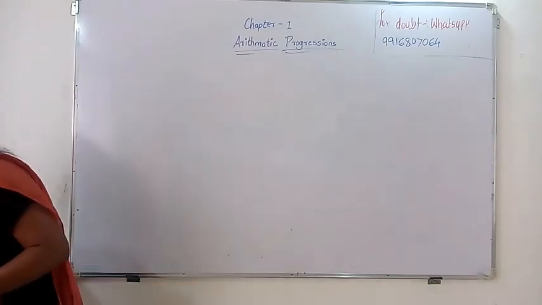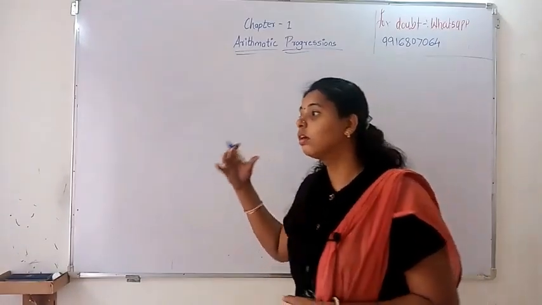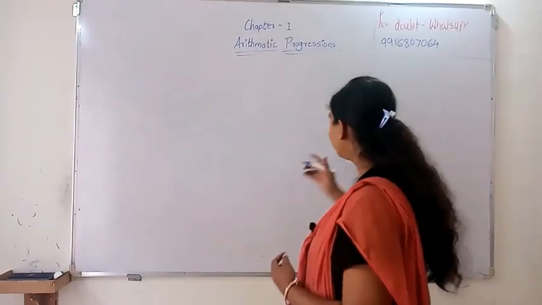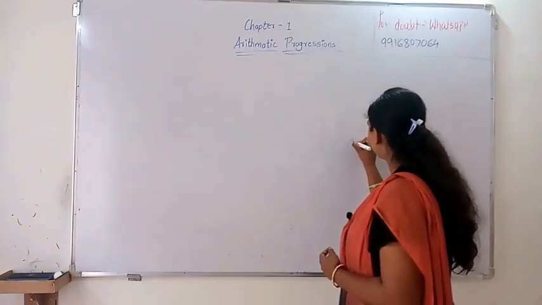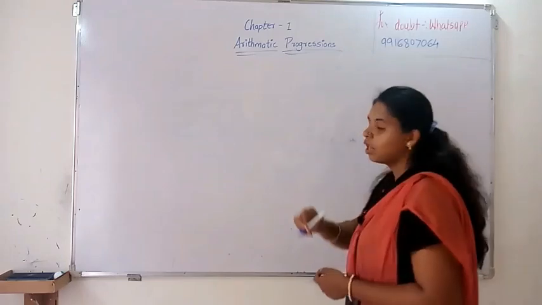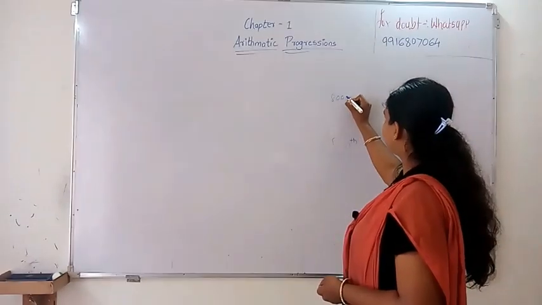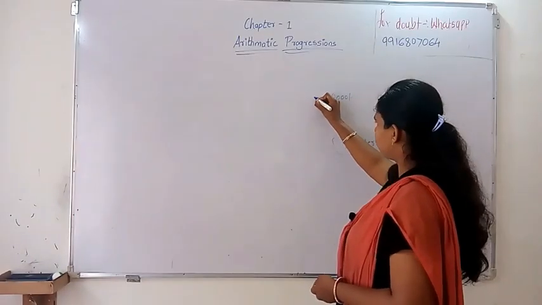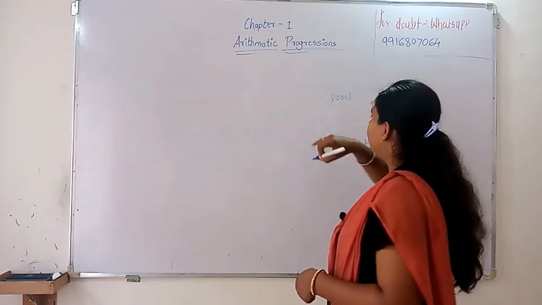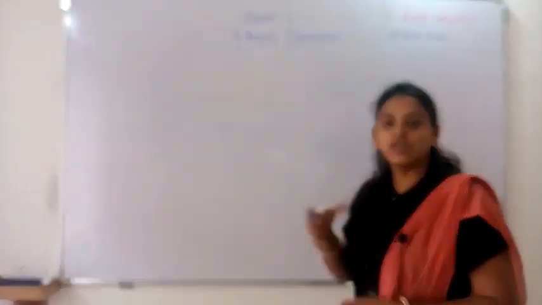Now next, one more thing, we are going to find out the nth term. Nth term means last term. So suppose in this 8000 question, I have given you a question where a 500 increment is added to her salary. The salary was 8000.